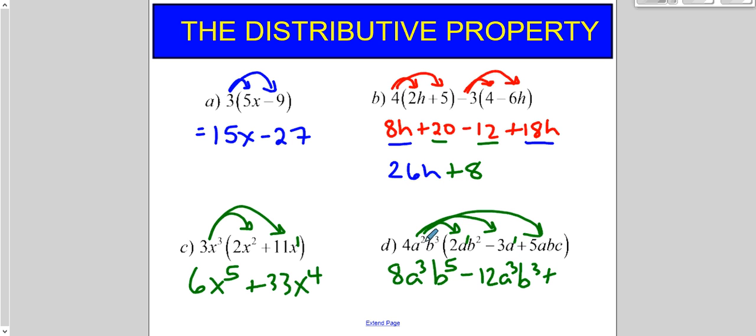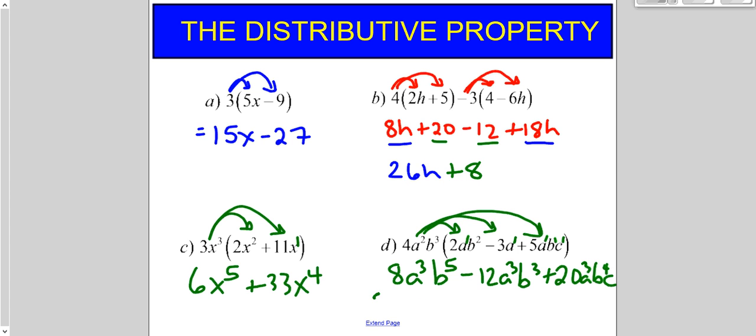And then lastly, we get 4 times 5, which is 20. A squared times a to the 1 is going to be a cubed. B cubed times b to the 1 is going to be b to the 4th. And then lastly, we have this c to the 1 here. We have to include that also. So c goes in there too.